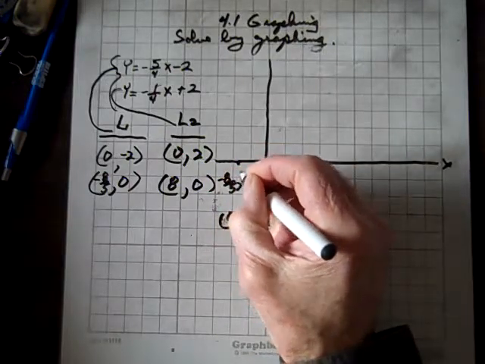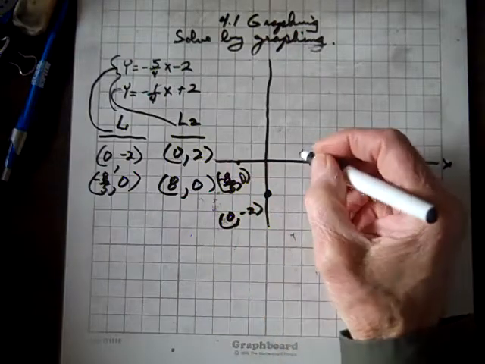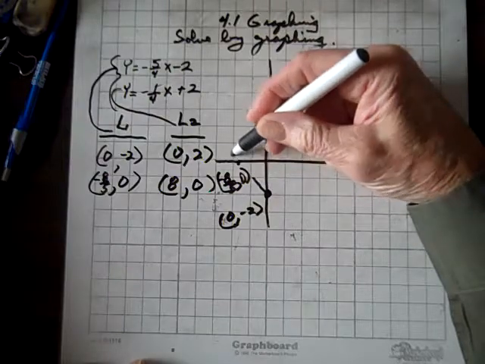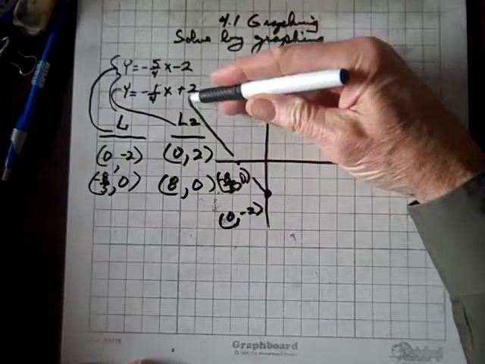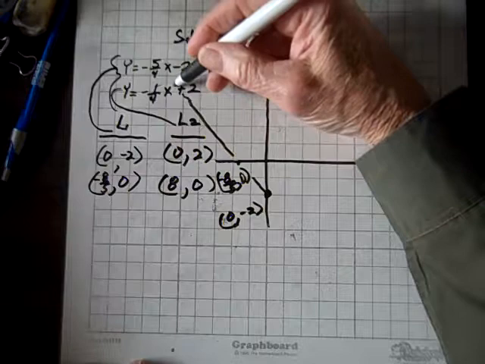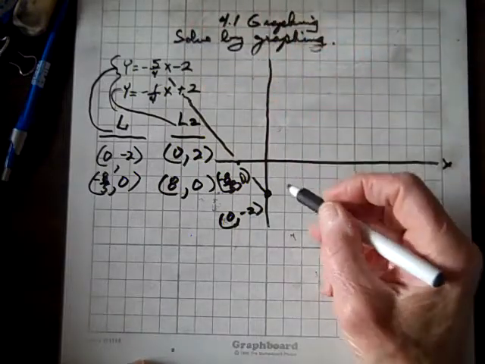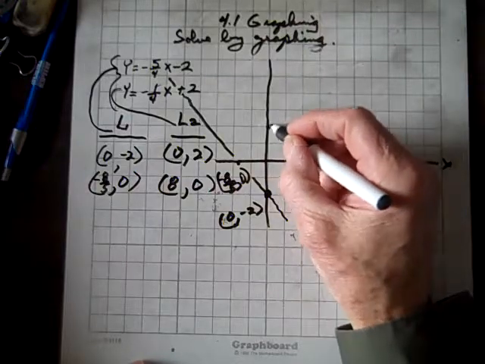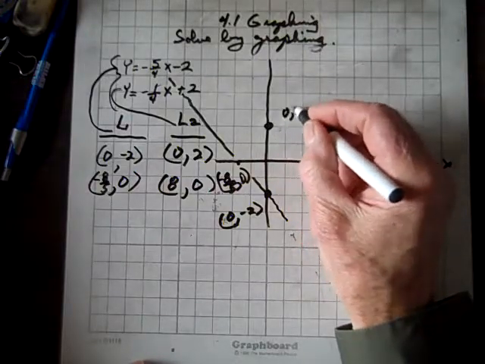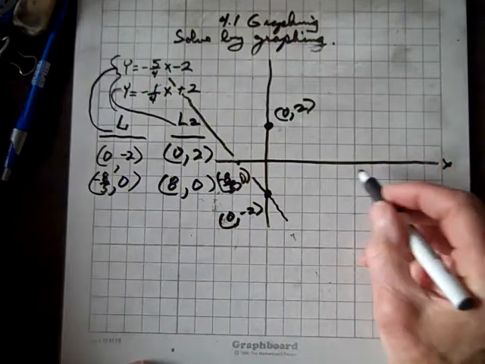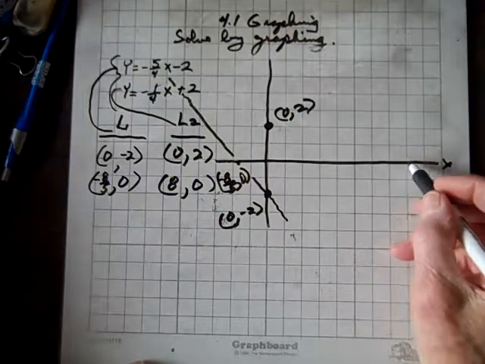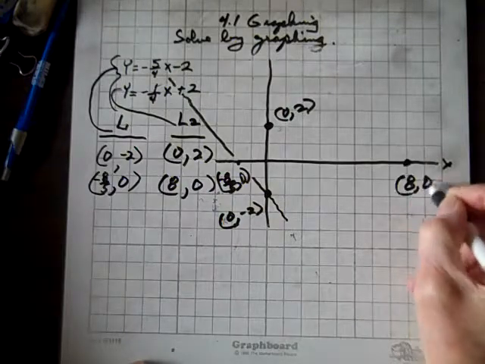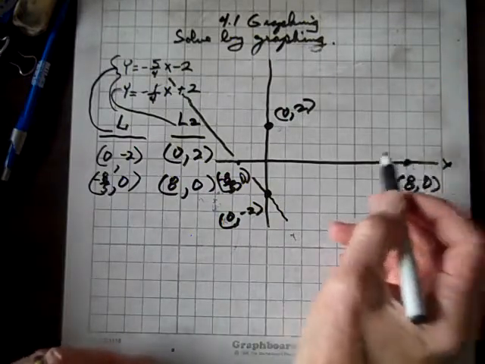When we graph this line, we get something that looks like that, and it's just going to keep on going. Now we have two other points to graph: 0, 2, there it is, and 8, 0. There's 5, 6, 7, 8. 8, 0.